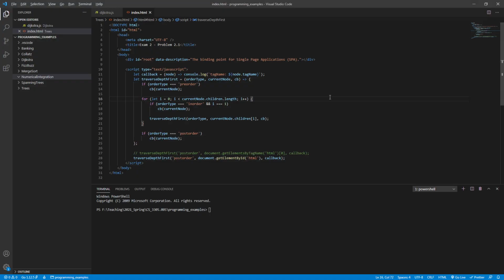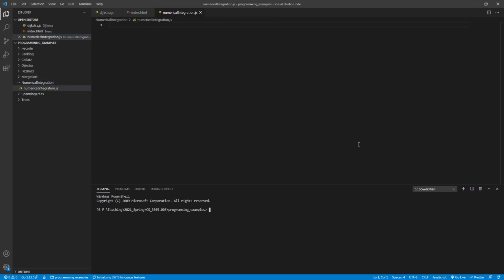Okay, again, I don't know how to increase the text size. Alright, we've got our file. Let's switch into our directory.